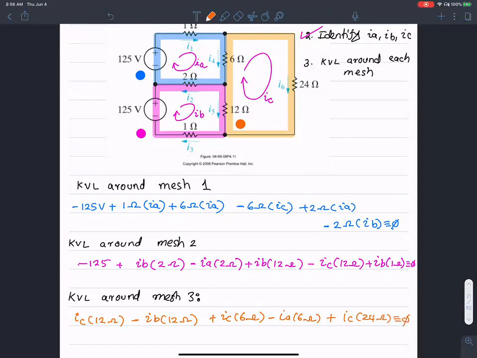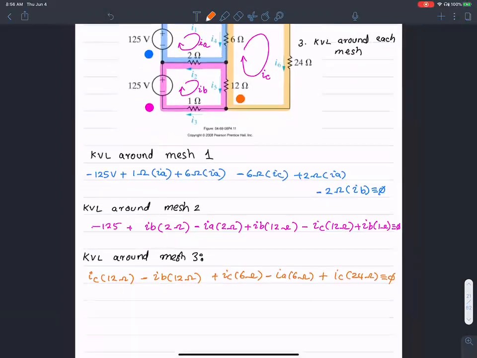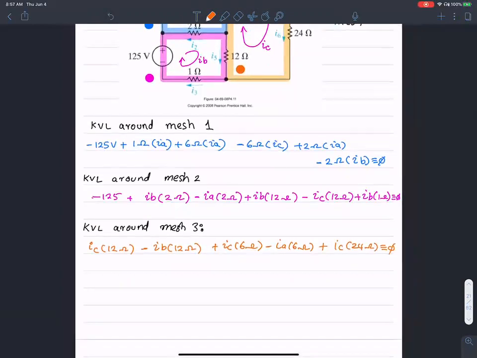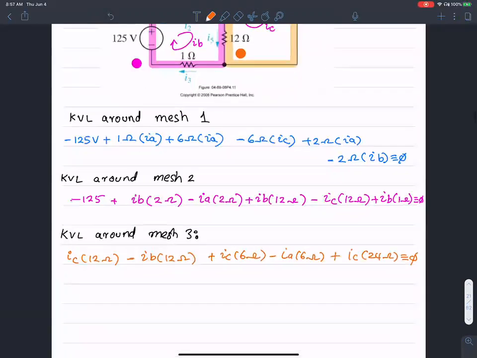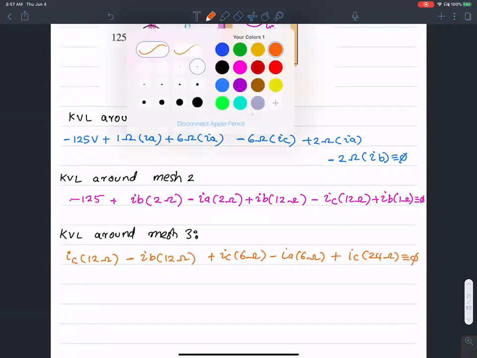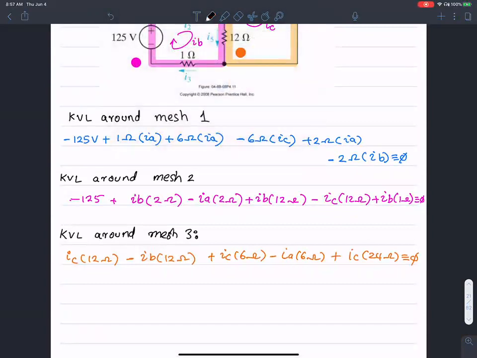So there are 3 equations here, 3 unknowns, and let me see if I can put this in an equation format that works for MATLAB. I1 or IA times 9 plus I2 or IB times negative 2 plus IC times negative 6. All of that is 125.